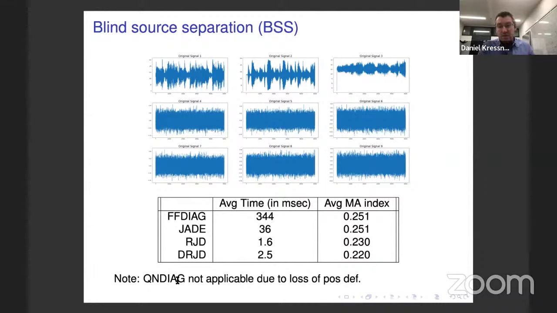Here, this quasi-Newton method is not applicable anymore because the slices of this tensor do not have positive definiteness for real data. And what you see here is that this is a really good case for the random joint diagonalization: both variants of our method are much, much faster by a factor of 20 to 30 and even deliver a better performance in terms of this index.